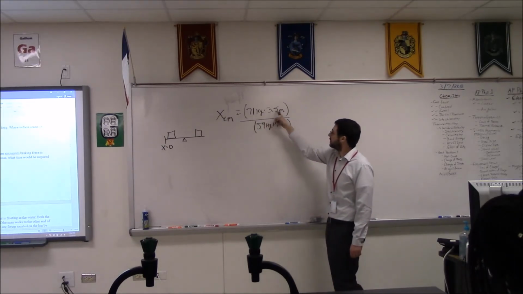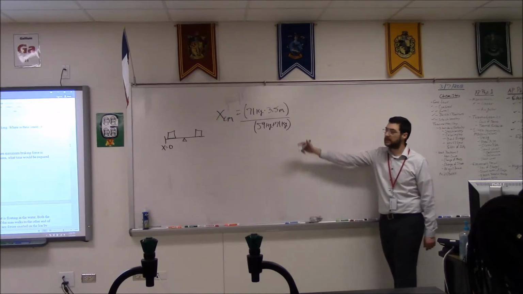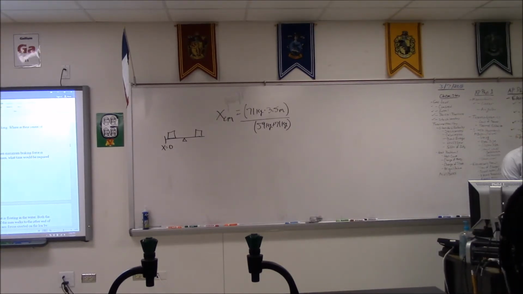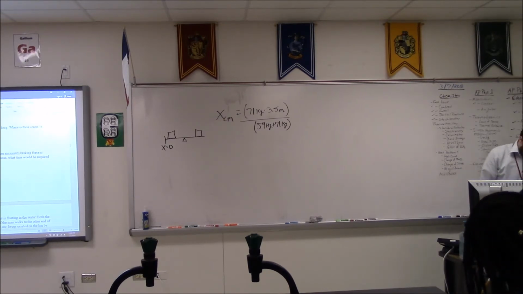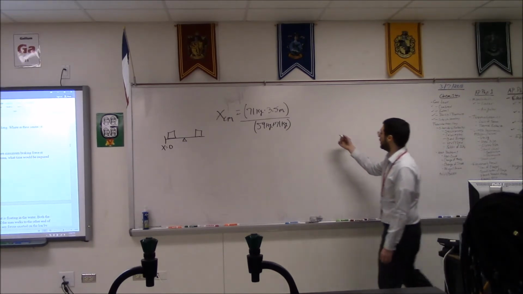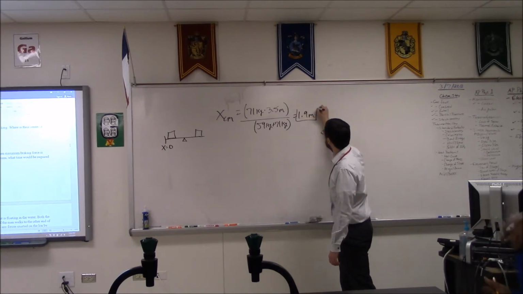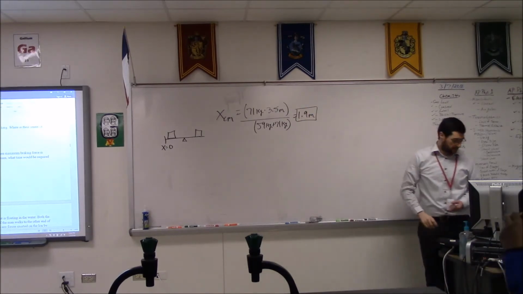Alright, so I multiply on the top and divide by the sum on the bottom. 1.91 meters, or just 1.9 meters, for 2 sig figs. Yeah, so I'm getting 1.9 meters as well.